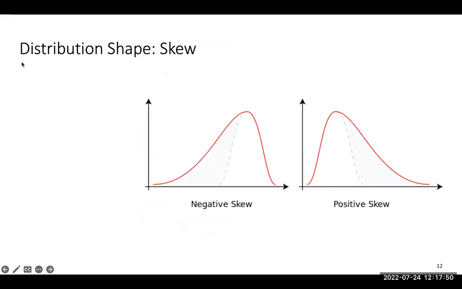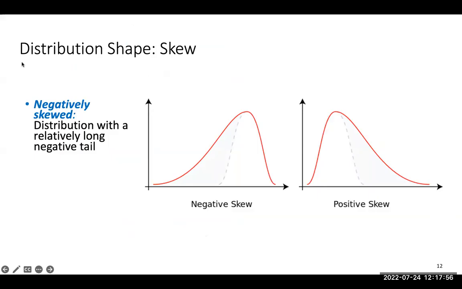Another component we look at, aside from variability, is skew. When we talk about skew, that means that the curve is not symmetrical. There's something a little bit off. So if it's negatively skewed, that diagram on the left, the distribution has a relatively long negative tail.